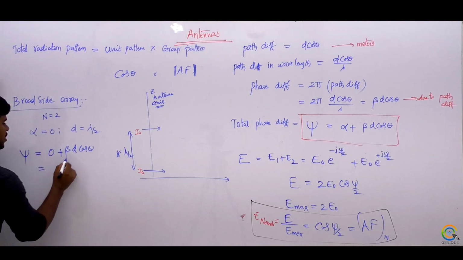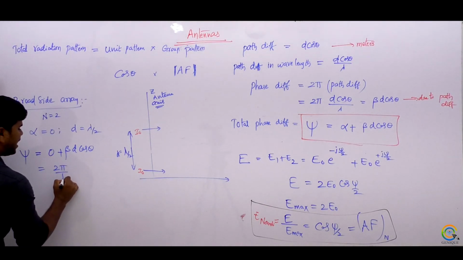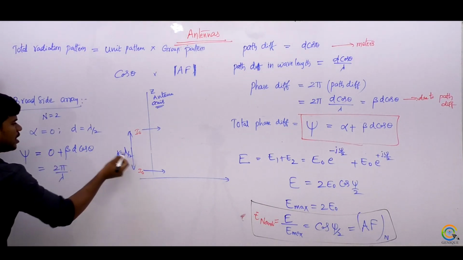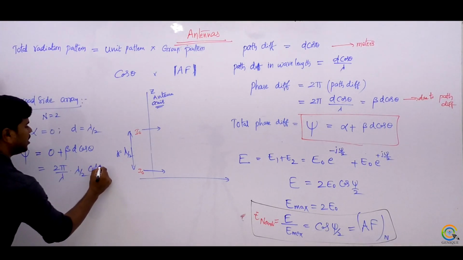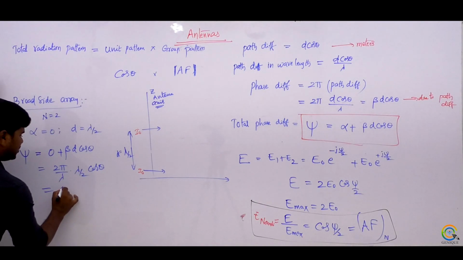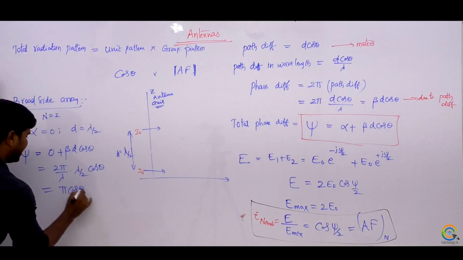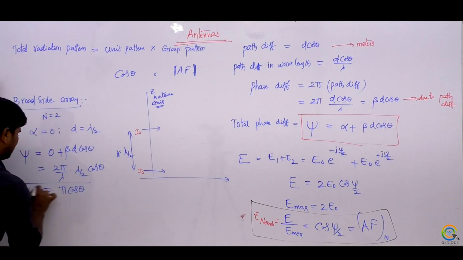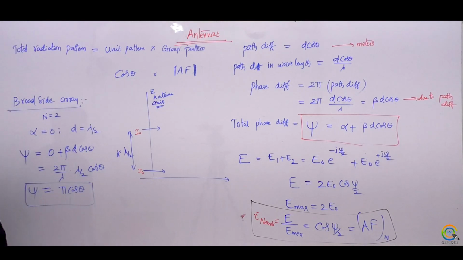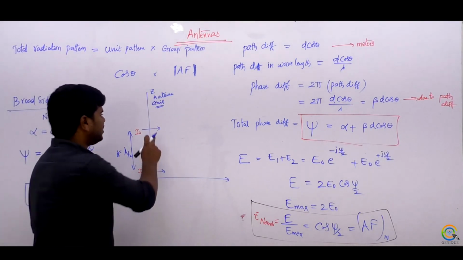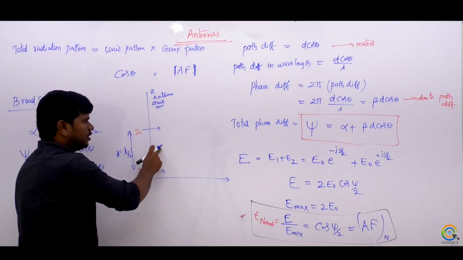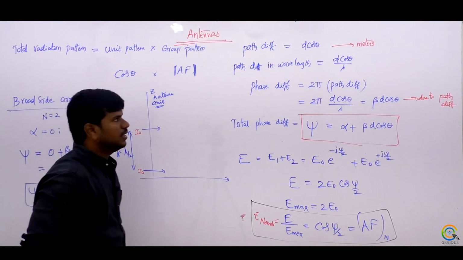Beta is equal to 2 pi by lambda, and d equals lambda by 2, so you will get pi cos theta. So this is psi, the total phase difference at the field point between the field due to this element and this element.